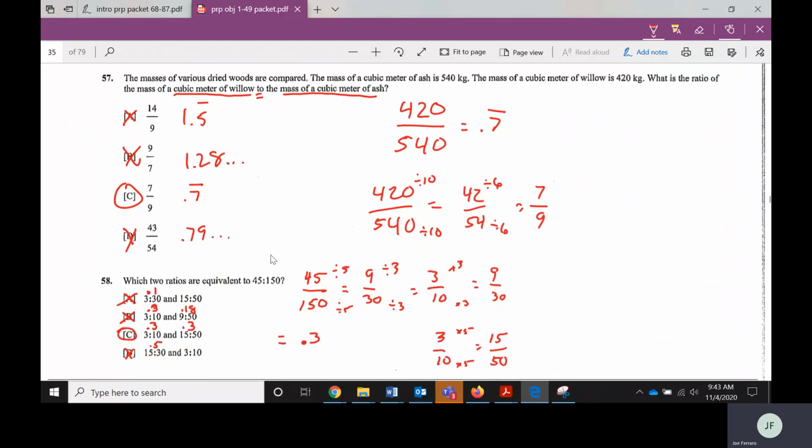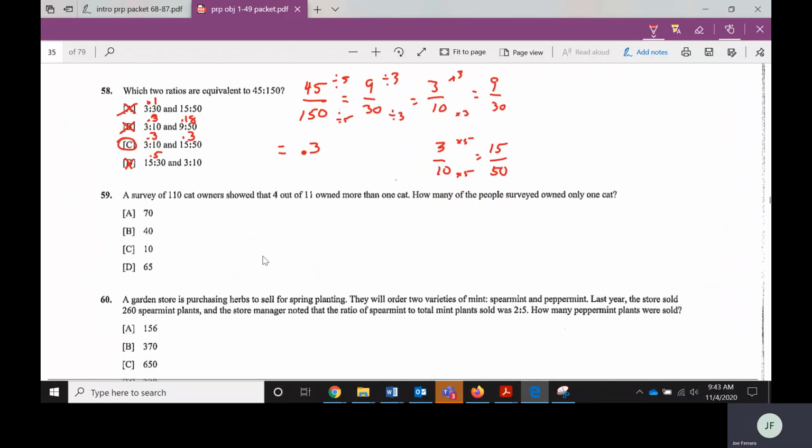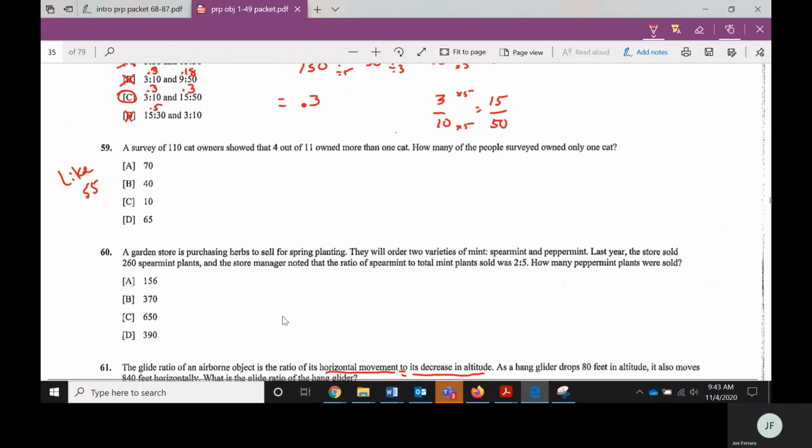We did 57. We did 58. 59 would be kind of like the one we just did, number 55. Okay, and now I want to do number 60. And then we'll have one more on the next page.